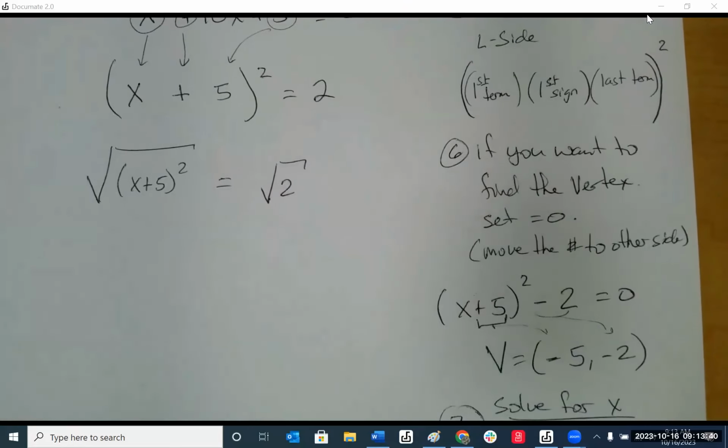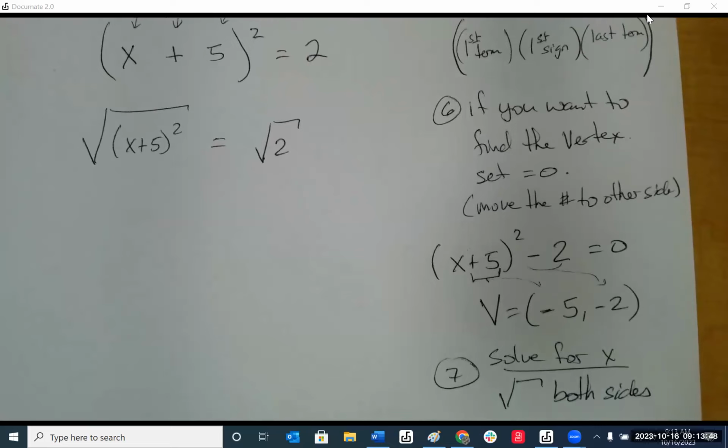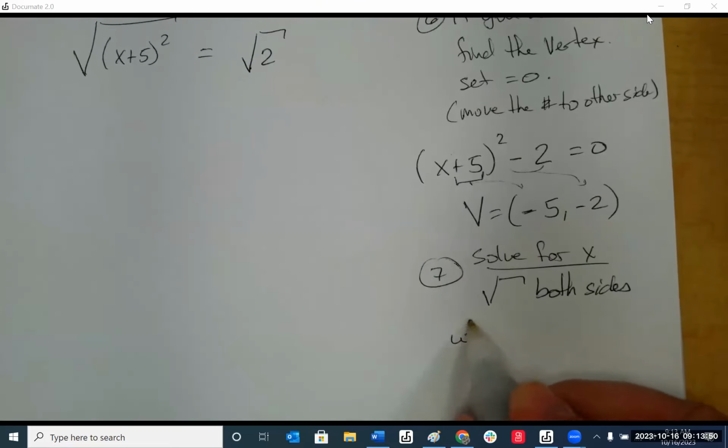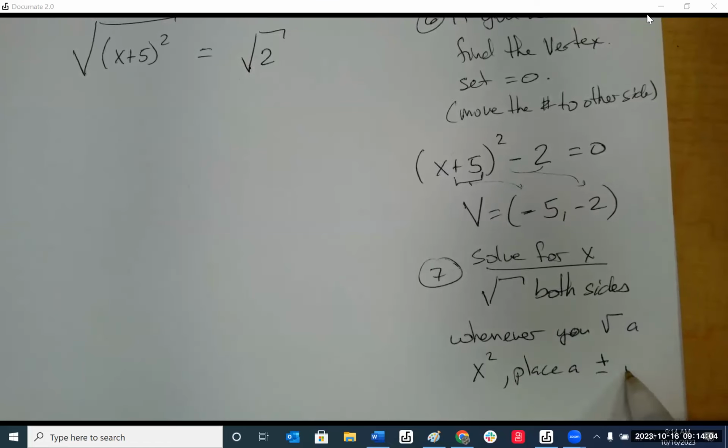Here's the important thing. It's called the square root principle. Whenever you square root a squared term, place a plus minus in front of the answer.